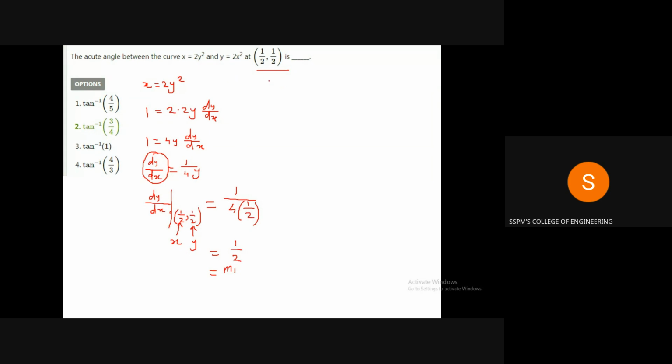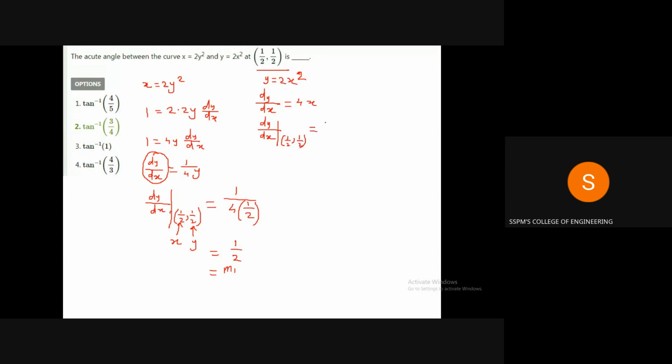Similarly, we will find the slope of the second line. What is the second line? It is y is equal to 2x square. If we differentiate it, we get dy by dx is equal to, what is the derivative of 2x square? It is 4x. What is the given point? It is 1 by 2 comma 1 by 2.